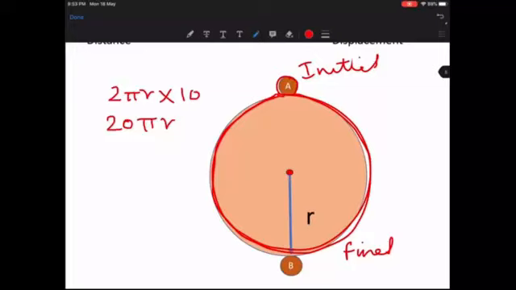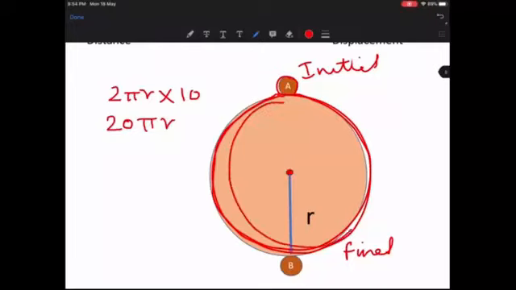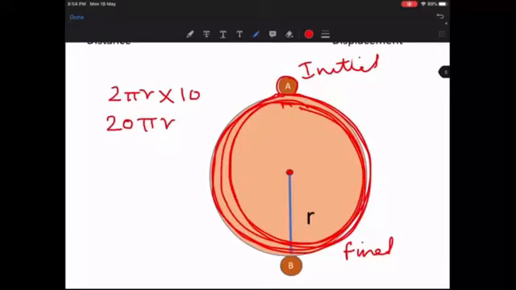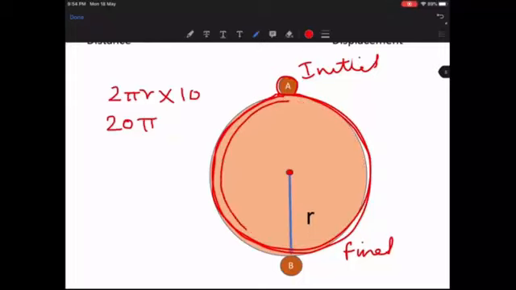So he has traveled 10 complete circles, like this is 1, then again 2, then again 3. Like this, he has completed 10 circles. He has come from here and again taken 1/2 circle, and he stopped at B. So you also have to add pi r.